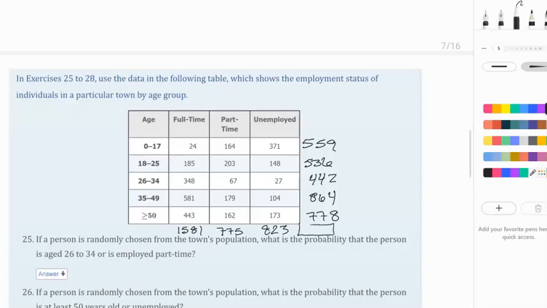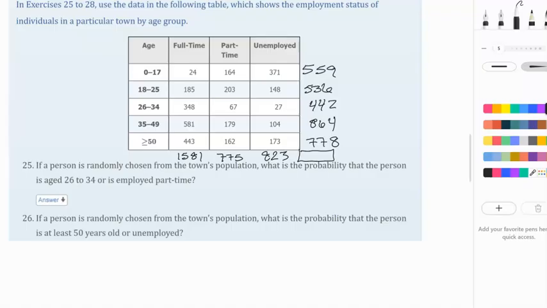I'm going to put that total in the box. So when I add these 3 numbers, it should be the same as when I add these numbers. That would give me my total.